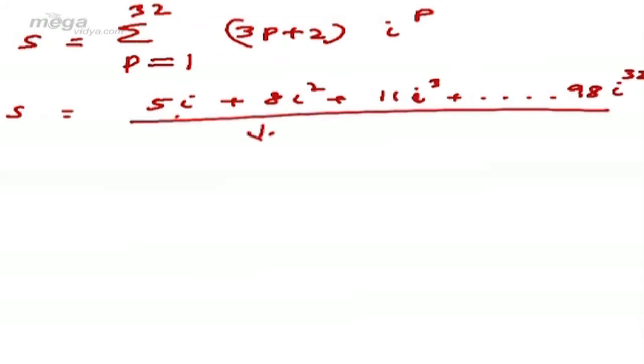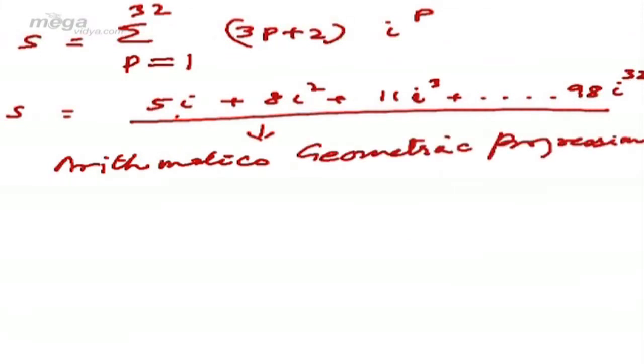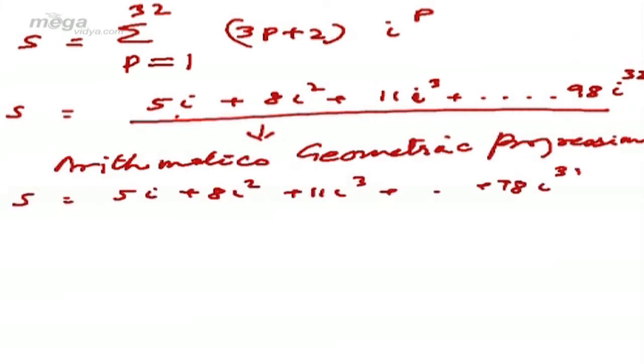This is an arithmetico-geometric progression. The sum of this kind of progression can be written as S equal to 5i plus 8i square plus 11i cube till 98i to the power 32.